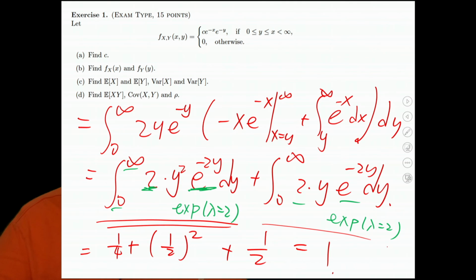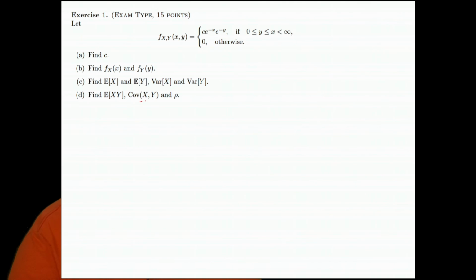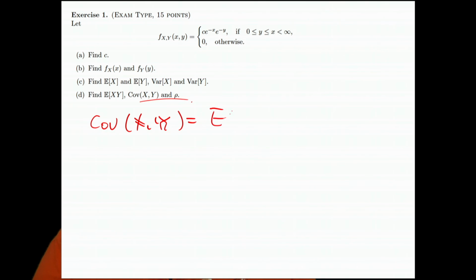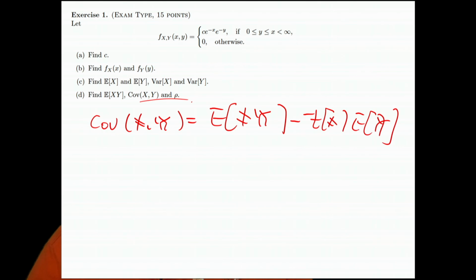Then next, the covariance and the correlation coefficient, you just plug into the formula, then you can get it. The covariance of xy equals the expectation of xy minus the expectation of x and the expectation of y. Then you plug in, finally you get the answer is 1/4.